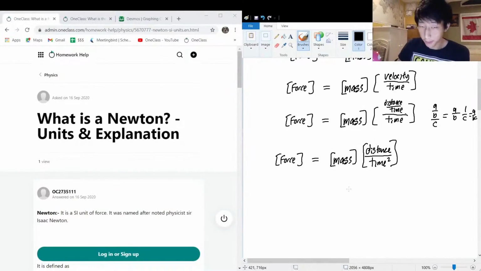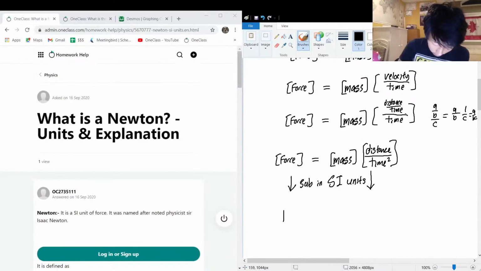And let's substitute in SI units. SI stands for Système International. It's an international science and engineering standard for units.